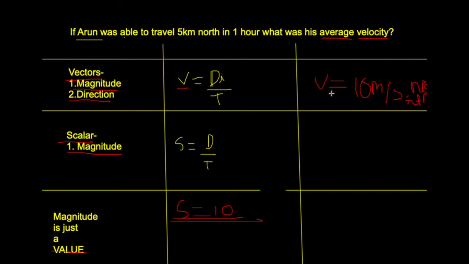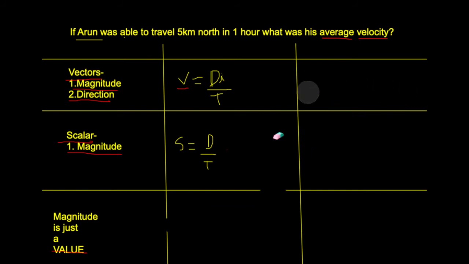So we can already tell that velocity is a vector quantity, since we need magnitude and direction in velocity. However, for speed we need only magnitude. There is only magnitude, hence proving that it is a scalar quantity.